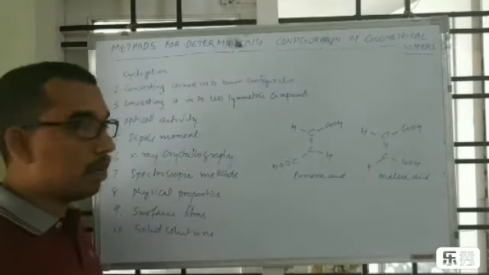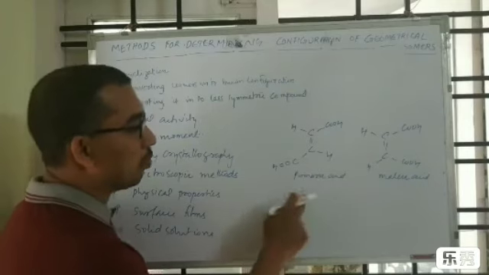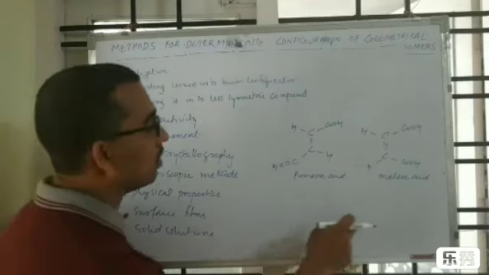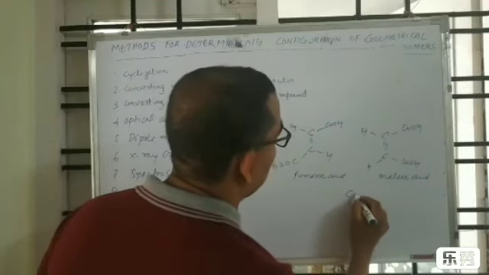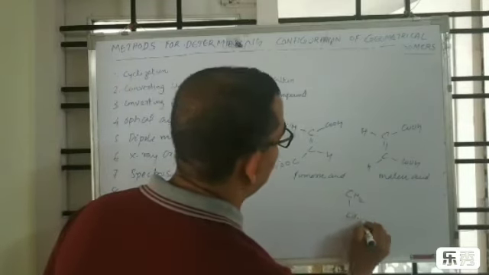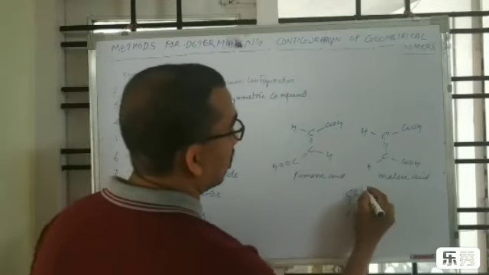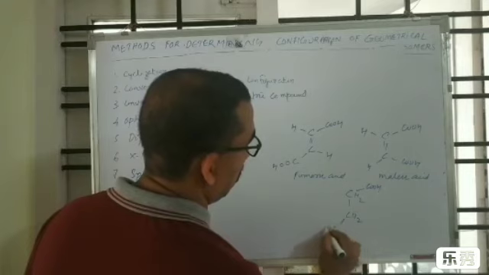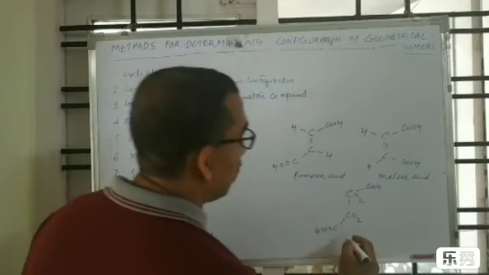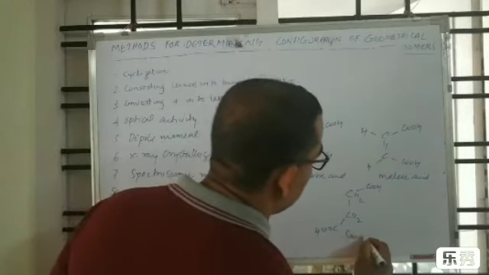So I am writing the corresponding saturated acid of this fumaric acid, CH2, CH2. This double bond is changed. The corresponding carboxylic acid is succinic acid.